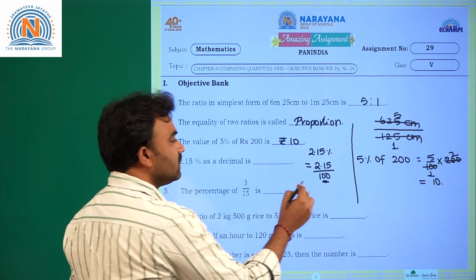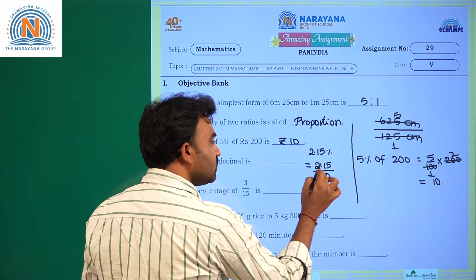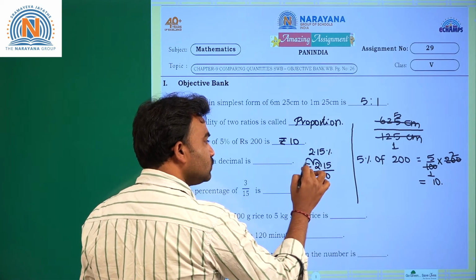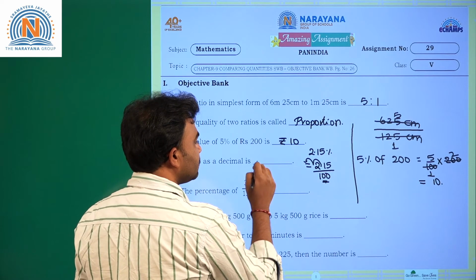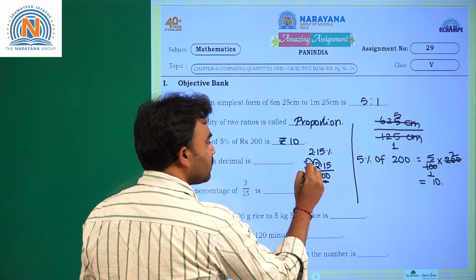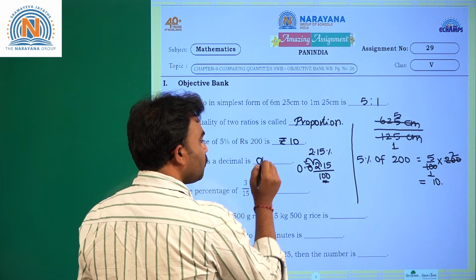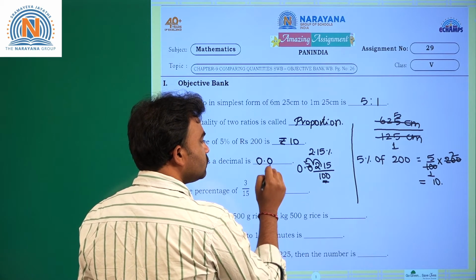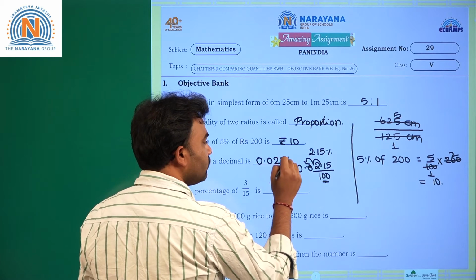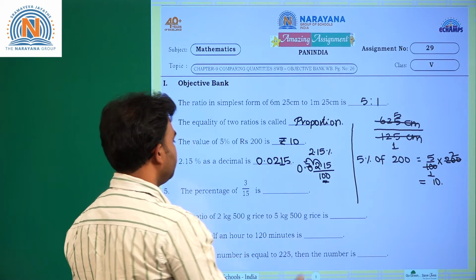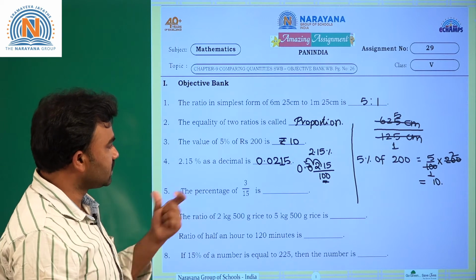As we have two zeros, the decimal point moves two places to the left. So the answer is 0.0215. This is the decimal form of 2.15%.